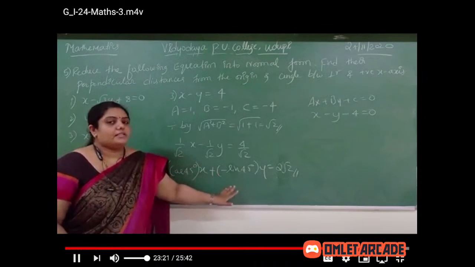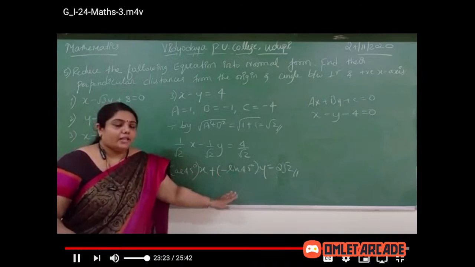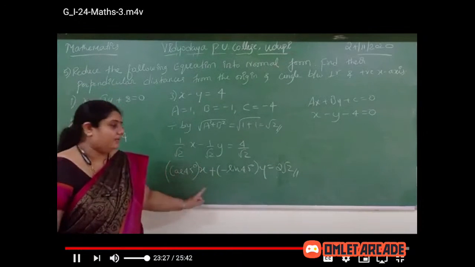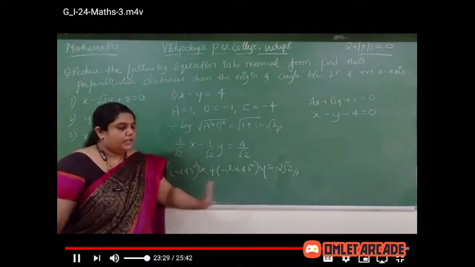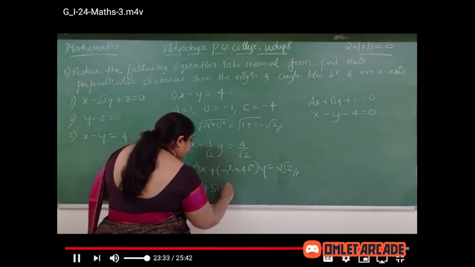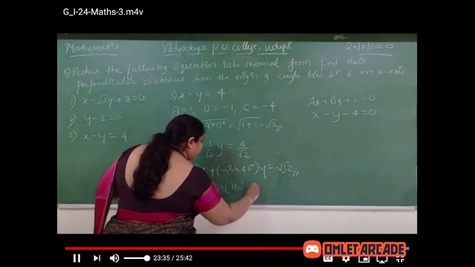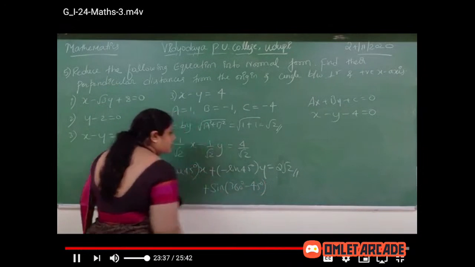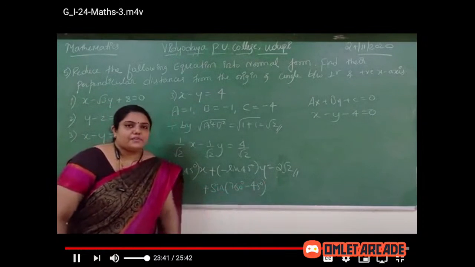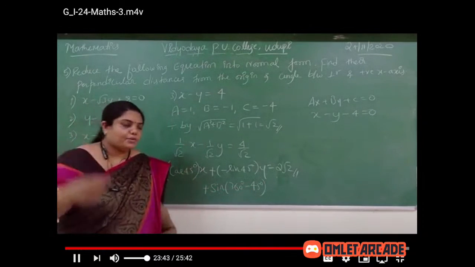Can I try to write this in fourth quadrant? Because in fourth quadrant, according to ASTC rule, cos is positive, sine is negative. See, can I write this as, let me write this first, sine of 360 minus 45 degrees, students. Just verify. 360 minus 45 means fourth quadrant.